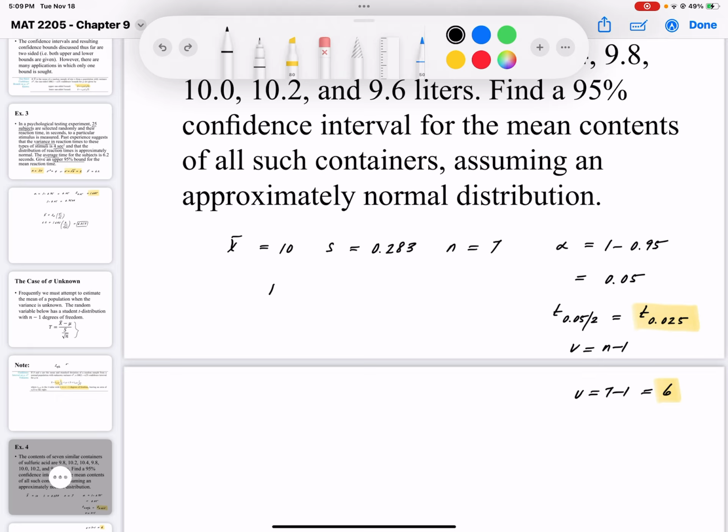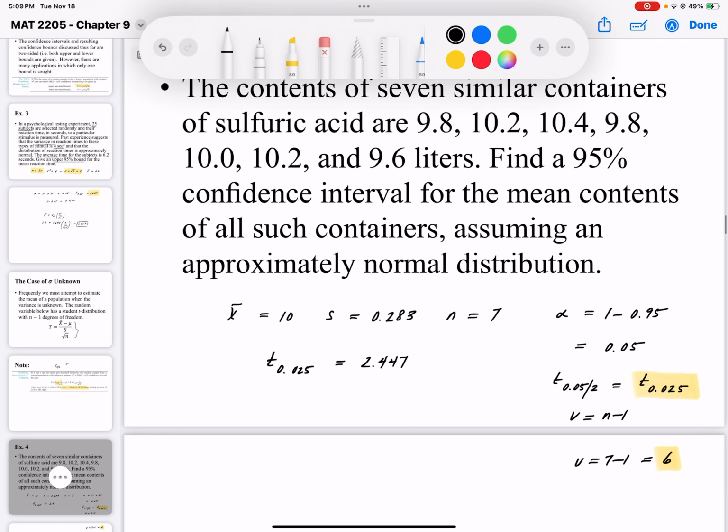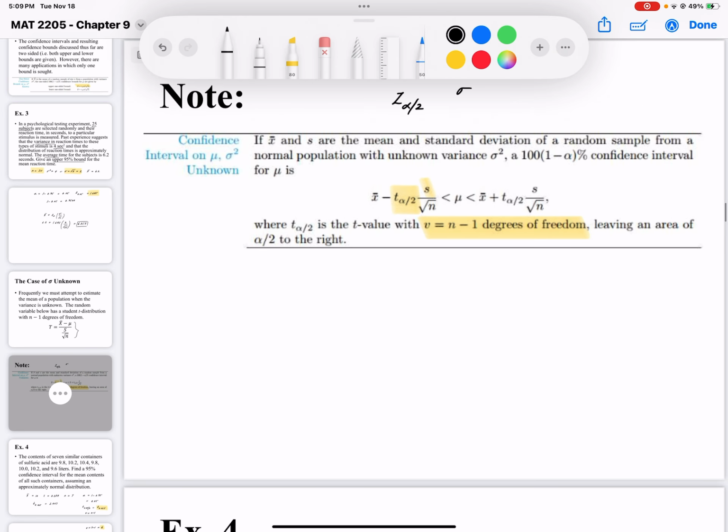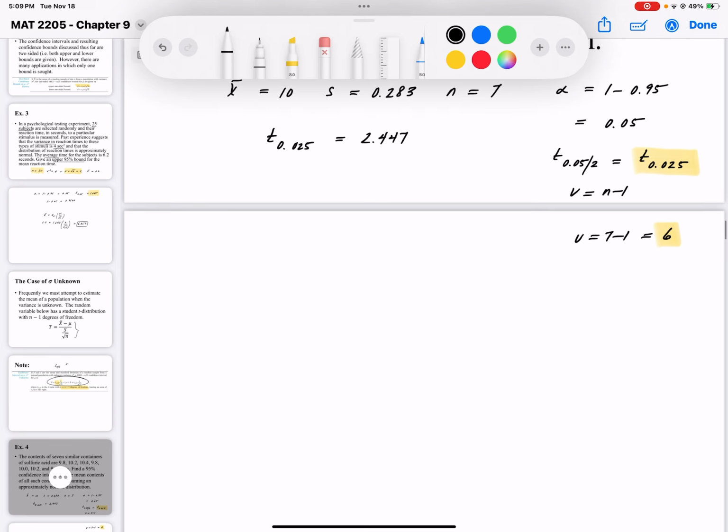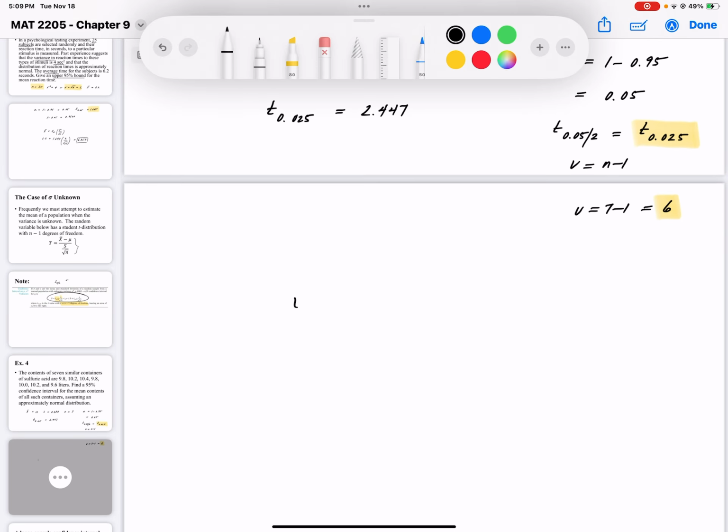So T sub alpha divided by 2 is 2.447. All right, using this formula exactly, let's get our confidence interval. So x bar plus and minus T sub alpha divided by 2 multiplied by S divided by square root n.